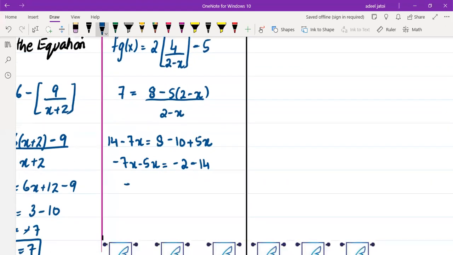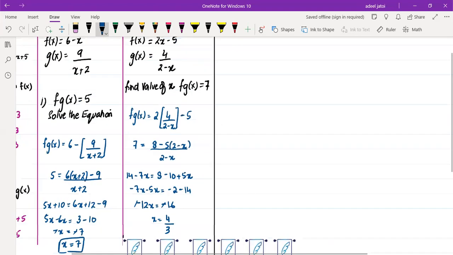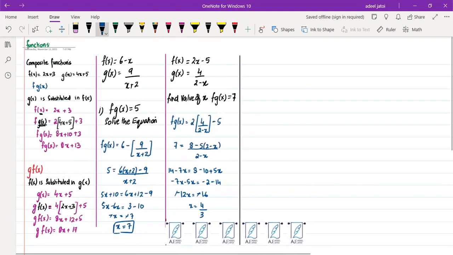So this should be negative 12x is equal to negative 16. Negatives cancel. Value of x is 4 upon 3. So normally, your composite function will always have situations where you need to substitute the values with the value given so that you can solve the composite functions.